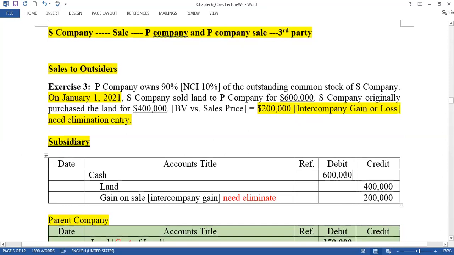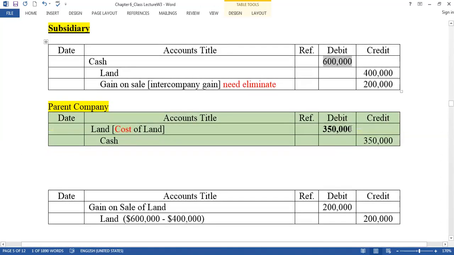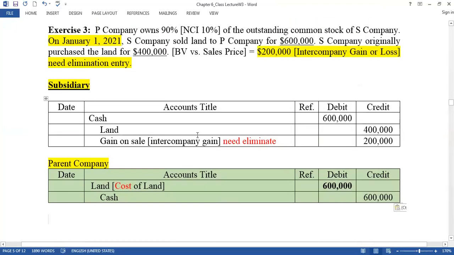The parent company's cost is $600,000. This is very simple, you already know. Subsidiary sells, parent company buys it.